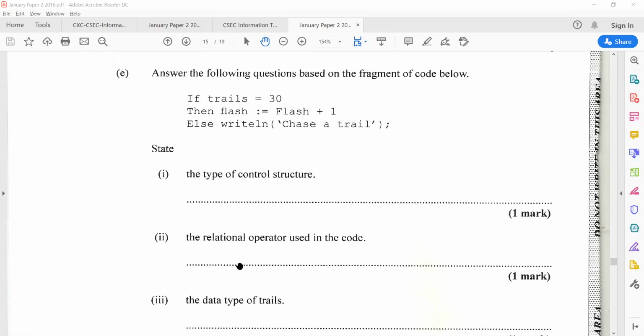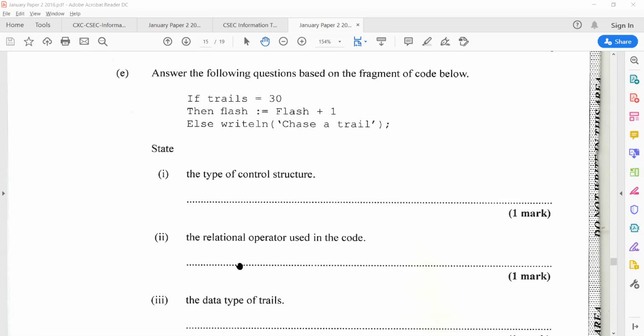State the relational operator used in the code. What relational operator is used in the code? Well, the first thing you need to do is know what a relational operator is. A relational operator is a symbol used to compare different variables or parameters.